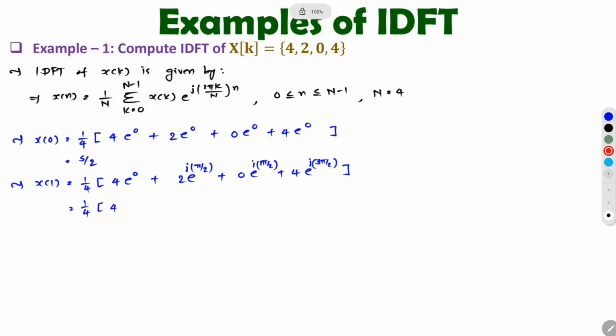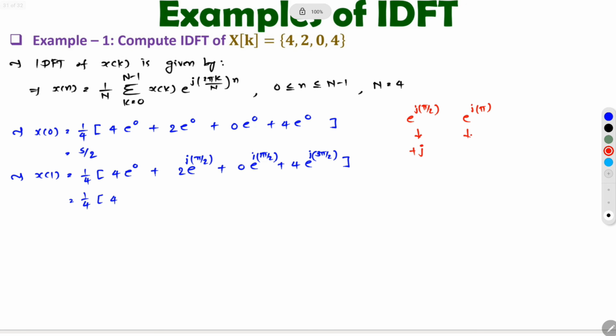If you have e to the power j pi by 2, then one should know that is plus j. Then if you have e to the power positive j pi, then one should know that is minus 1. Then if you have e to the power j 3 pi by 2, then that is minus j.